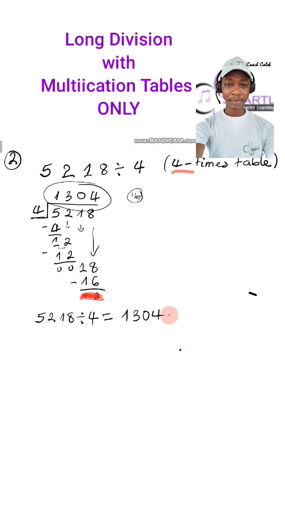Remainder, let me just write R for remainder, 2. So to present this answer completely mathematically, we say this is equal to 1,304. These are the whole numbers, and this remainder of 2 will have to be repeated in division.